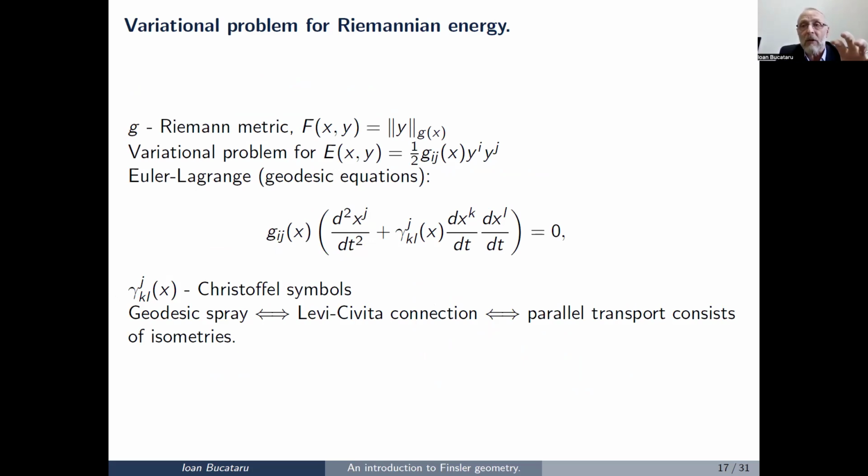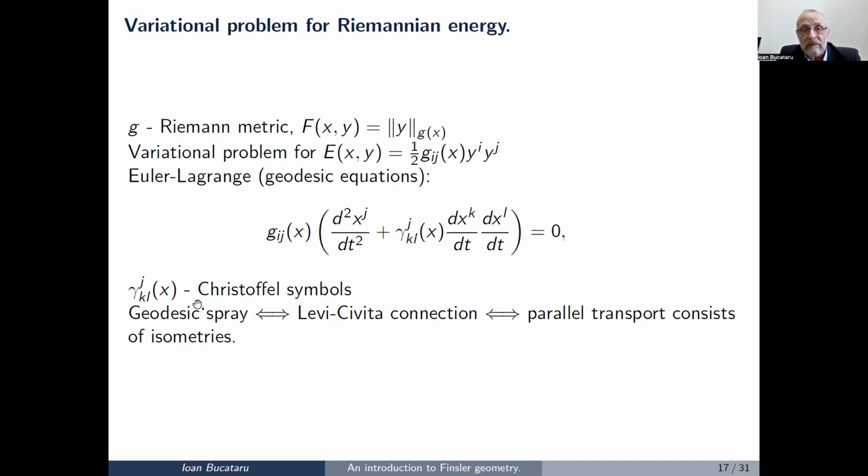I have the system of second-order differential equations, and I want to see if they are induced by a Finslerian metric. In the Riemannian context, I have these equations. Geodesic space means this set of functions which are the Levi-Civita connections. And I want to see if they are induced by a parallel transport which consists of isometries.